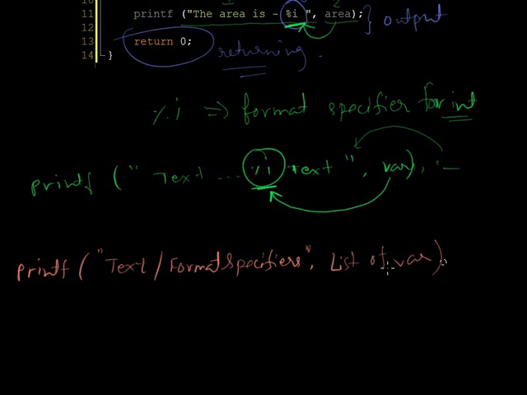If you have one variable, it assumes that there is only one format specifier. If you have 2-3 variables, there must be 2-3 format specifiers.